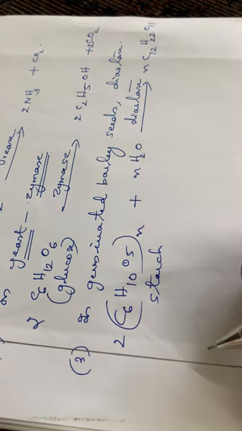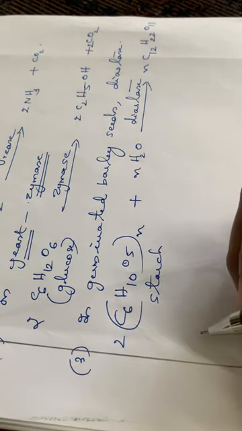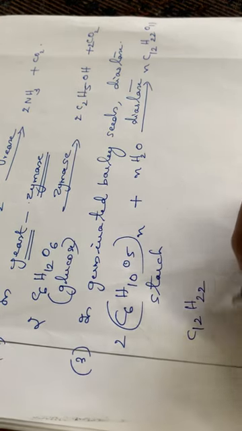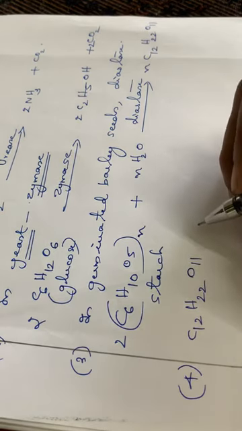Then one more reaction: the enzyme catalysis of maltase. Maltase is another enzyme. Again C12H22O11, that is maltose.